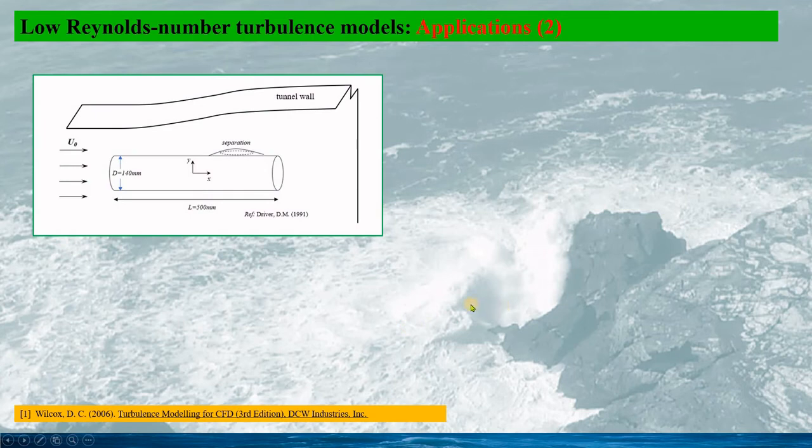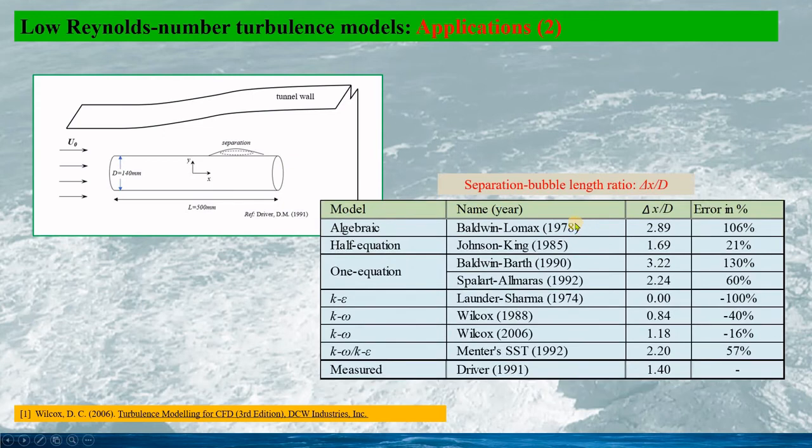The second application is for the comparison of the separation bubble length for this test case, separation bubble here. In this table, it is shown for the prediction of the separation bubble length ratio delta x divided by d using different turbulence models, including algebraic, half equation, one equation, K-epsilon, K-omega, and K-epsilon model.